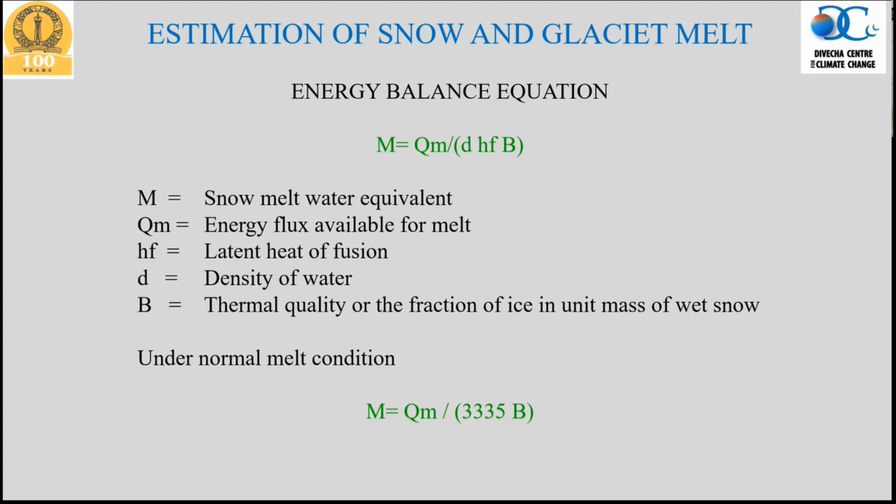So it is a fraction of ice in unit mass of snow. If you have this, then we can simplify the equation: Qm divided by the latent heat of fusion and the density of water, and you divide by B. So there are only two unknown parameters: Qm, the energy available for melt, and B, the thermal quality or the fraction of ice in unit mass of snow.